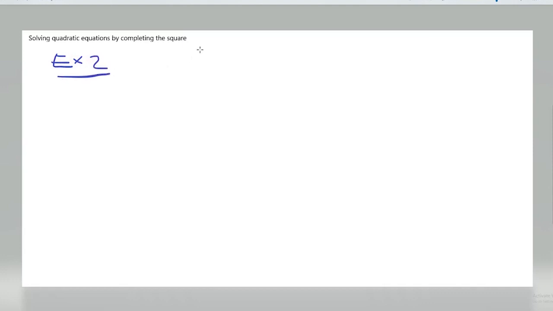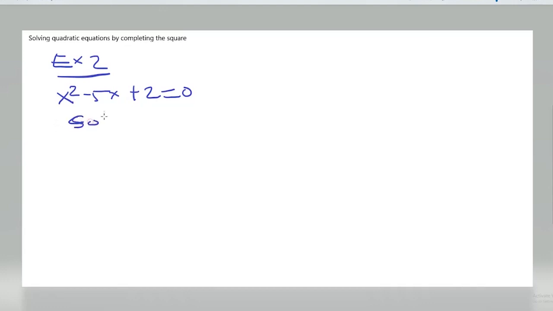Then example number 2, assume you have this expression, maybe x squared minus 5x plus 2 is equal to 0. Then you are asked to solve for x by completing the square.